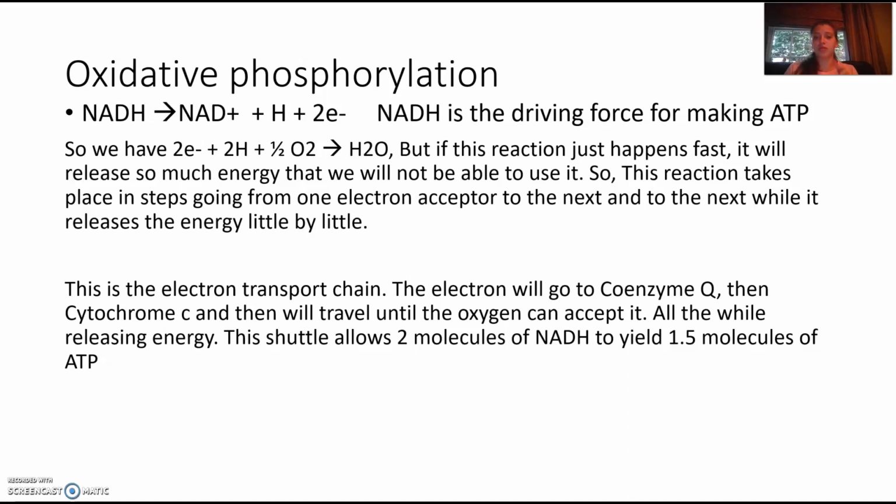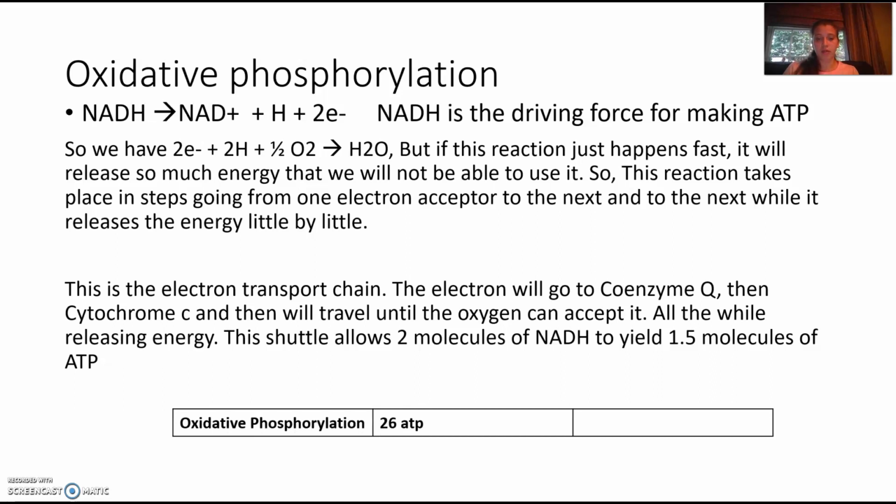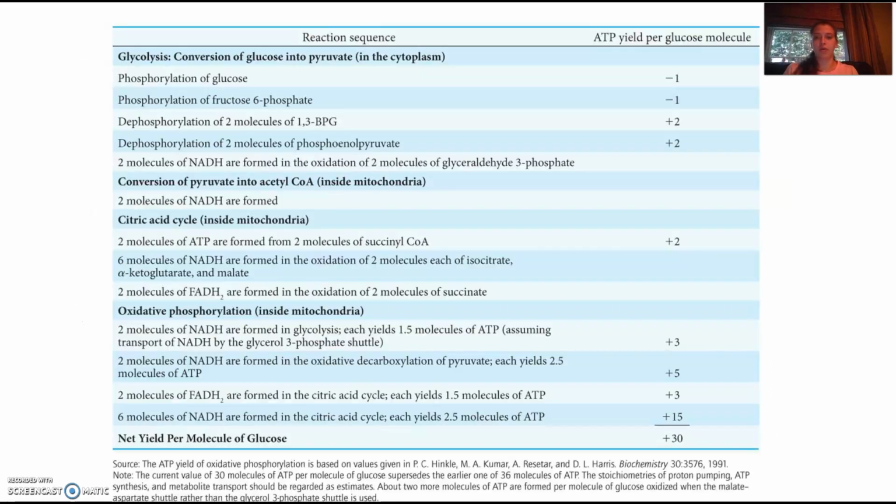So the shuttle allows 2 molecules of NADH to yield 1.5 molecules of ATP, ultimately 3. All in all, oxidative phosphorylation ends up creating 26 ATPs, so there's a lot. I have a chart coming up that'll really show how everything's going on.